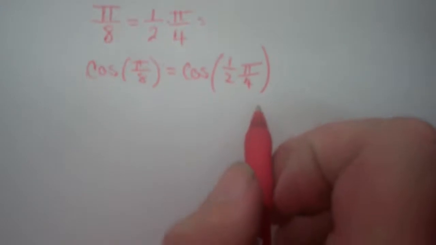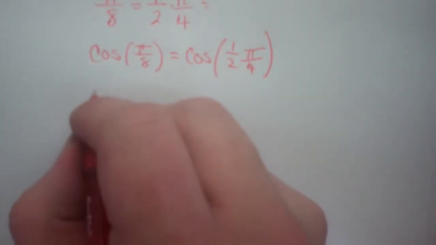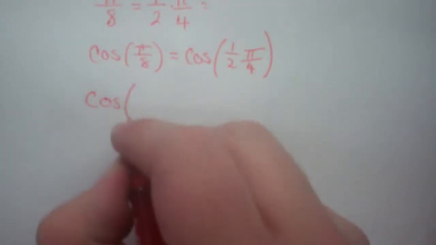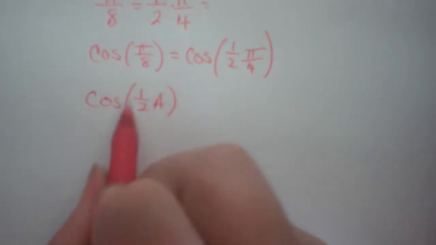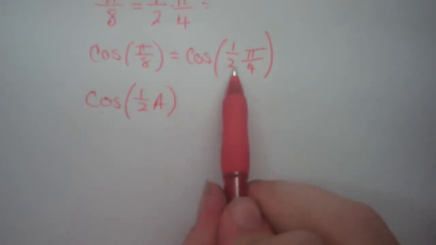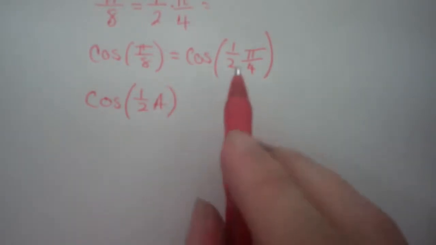Well, the reason I did that is because I know that we have these nice formulas for dealing with the cosine of 1/2 of an angle. See, this is the cosine of 1/2 of some angle.